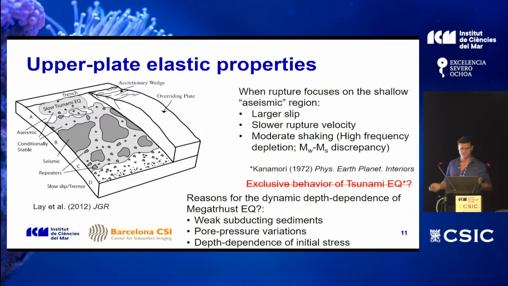Particularly site-specific factors such as a weak subducting sediment interface, the presence of pore pressure variations along the plate interface, or a depth dependence of initial stresses along the fault. But the problem is that none of these arguments could explain the whole ensemble of depth-dependent behavior of dynamic properties.